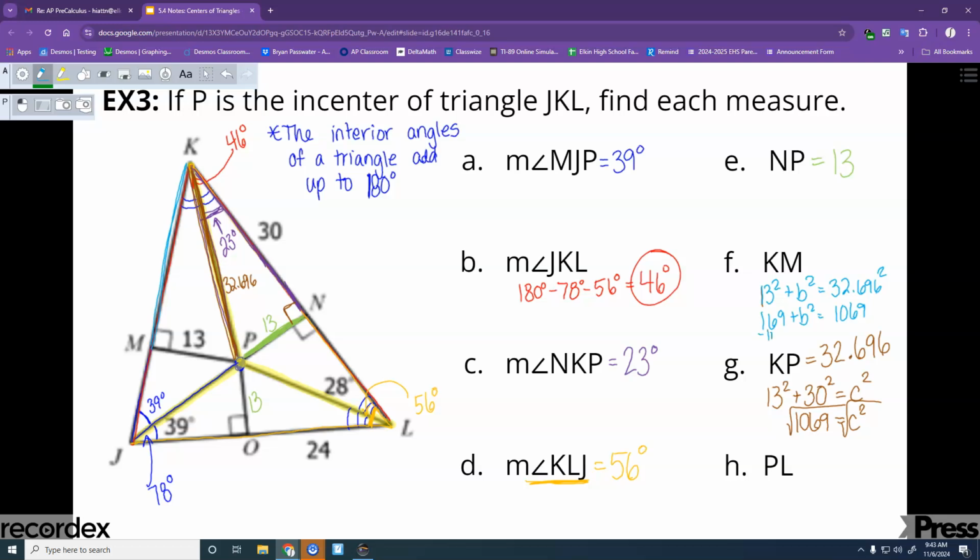You're going to subtract 169. B squared will equal 900, right? And you will square root both sides, and we'll get 30.